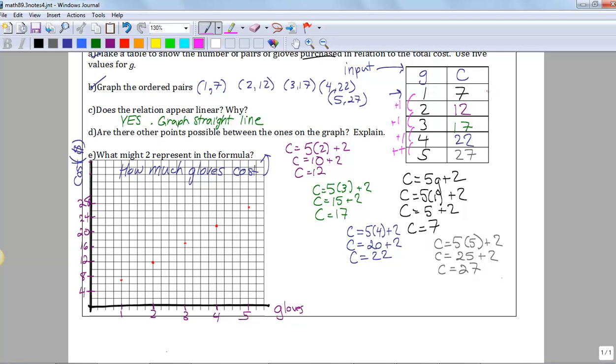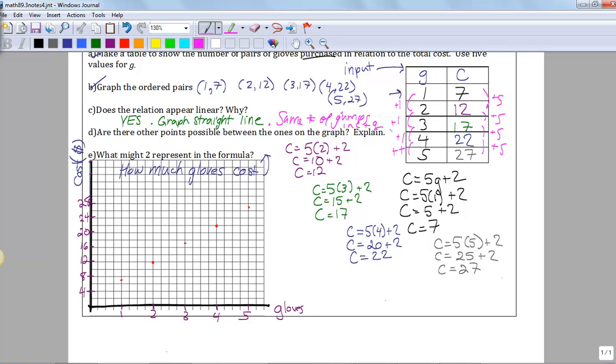On the C side, plus 5, plus 5, plus 5, plus 5. If that's a constant pattern, it's going to be linear. It's not even just a pattern, it's got to be the same number of jumps in C and G.